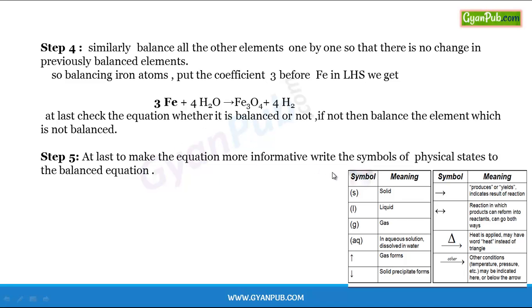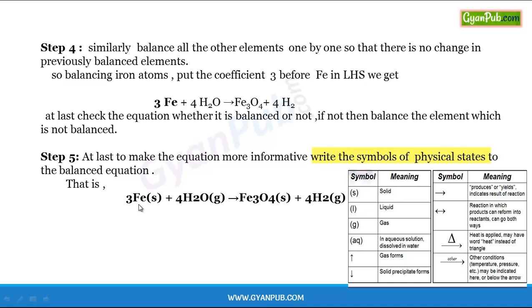So writing the equation with the symbols, we have 3Fe, that is iron, which is in solid state, so we use S here. So iron in solid state is reacted with water which is in gaseous state.